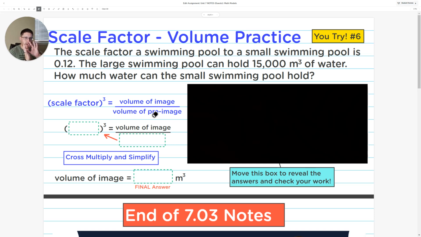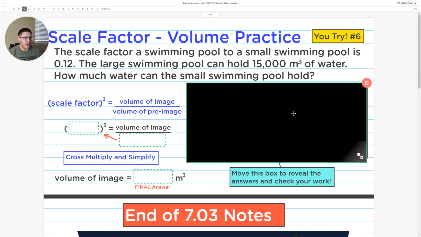The image is what you're going after, what you're changing the original to. You're going to have to cross multiply some values to get the volume of the image, and then just type your answer right here at the bottom. Move the box to see if you did this correctly, if you're on ClassKick. So go ahead and pause the video, try this out on your own. Otherwise, I'm going to show you how to do this problem.